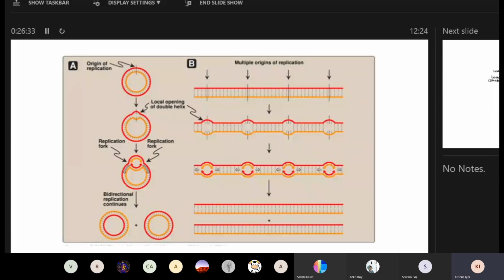And here, the one which is the leading strand will merge at this fork with the other fork, what is called a lagging strand. Because remember, in both the forks, the direction of replication is still 5' to 3'. In one case continuous, in the other case what is called discontinuous.